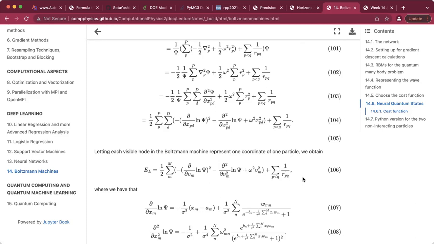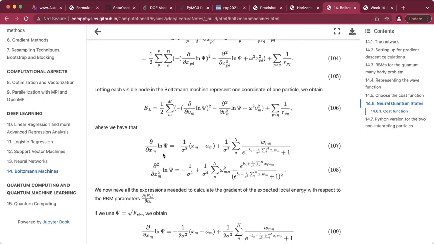This means that depending on how we are going to do this, we can have a function where we calculate derivatives numerically, or we can plug in an analytical expression. If we plug in just the plain Boltzmann machine, we actually have analytical expressions for these quantities, and this is worth considering.